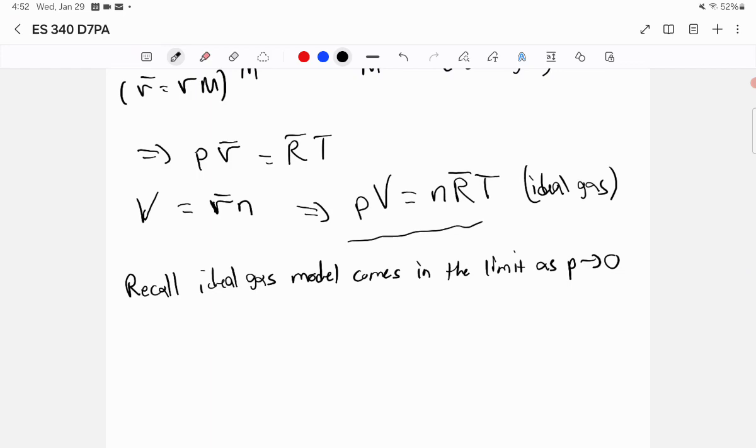This is all on a microscopic scale. We only care about the macroscopic, but the stuff that's happening at the microscopic scale matters, and that's what allows us to use the ideal gas model. If there's not a whole lot of interactions going on, you can take it as if there were none, which is what happens when the pressure is very low, and the amount of space taken up in the volume by the gas itself is really small.